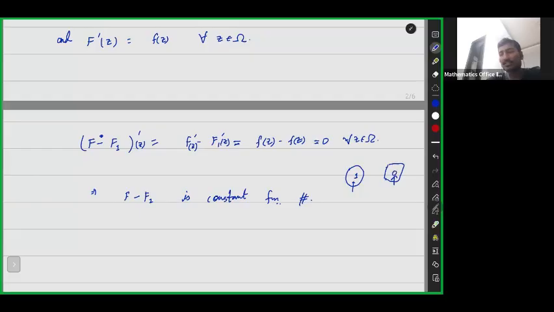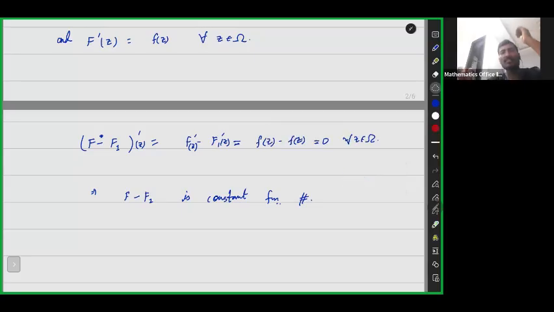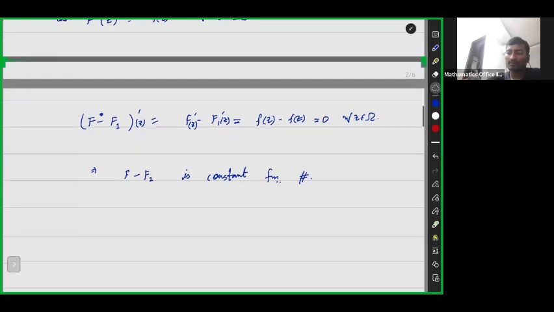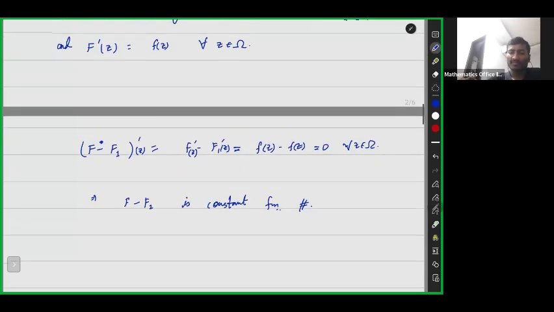So the derivative is still 0, but the overall function is not constant on the union of these two sets. So we are using that it is connected. So everywhere the function is the same constant. I hope it is clear to you.